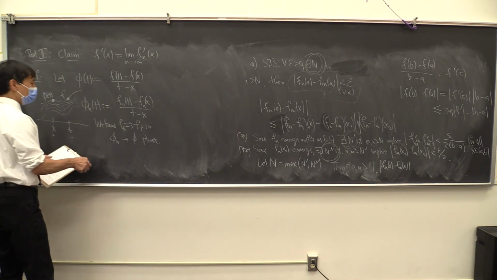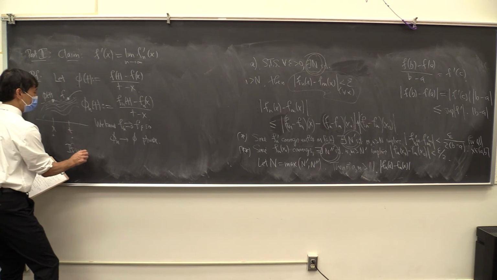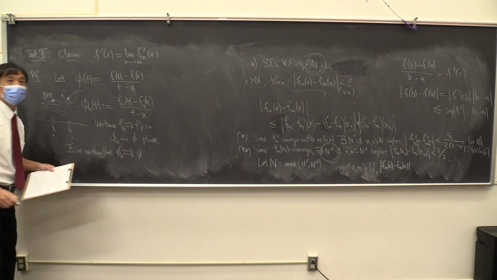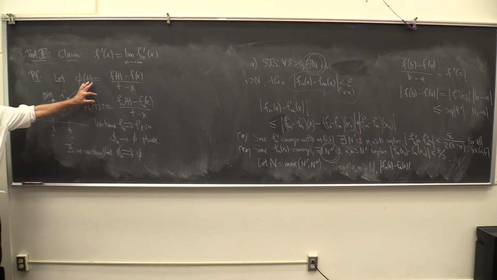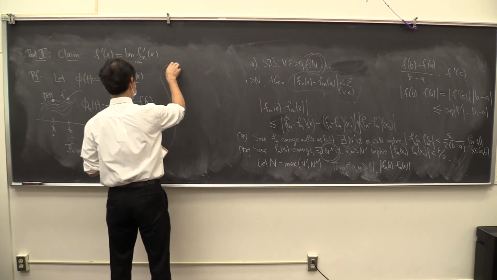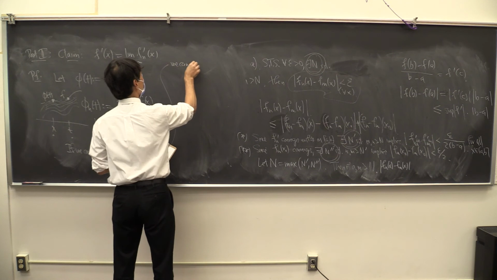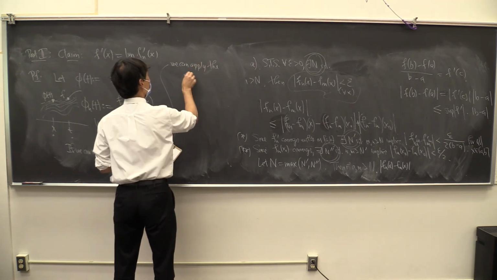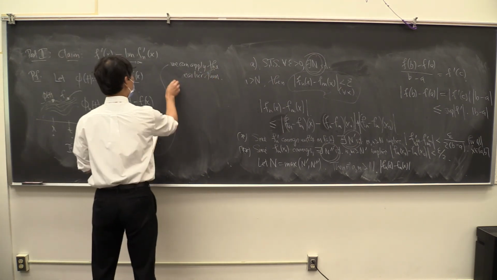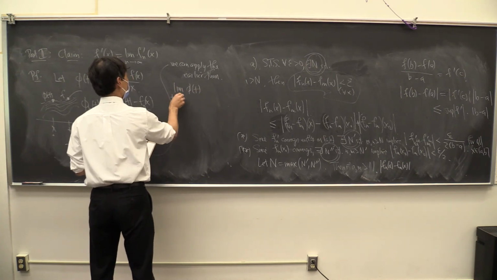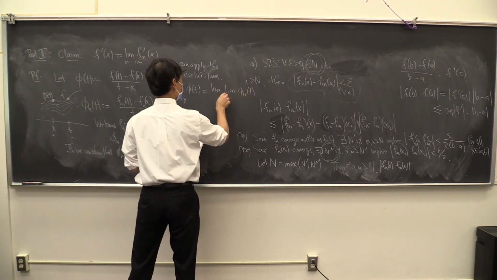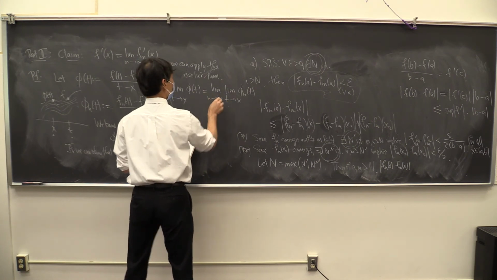Now, if we can show that the phi sub n's converge uniformly to phi, then we can apply our previous theorem, the one that we used to get continuity, from last class, which told us that the limit as t goes to x of this guy is equal to the limit of these guys as t goes to x and as n goes to infinity.